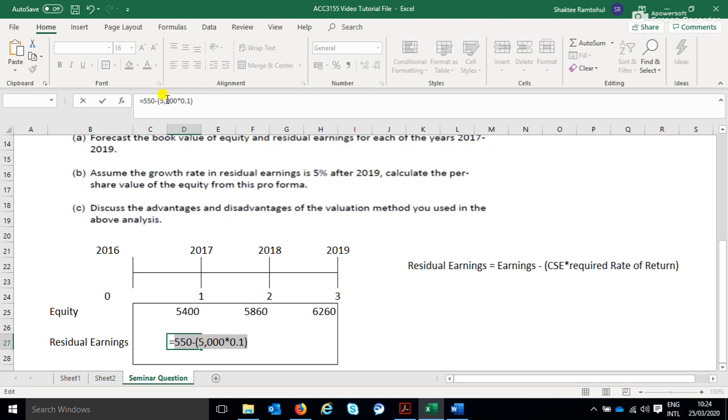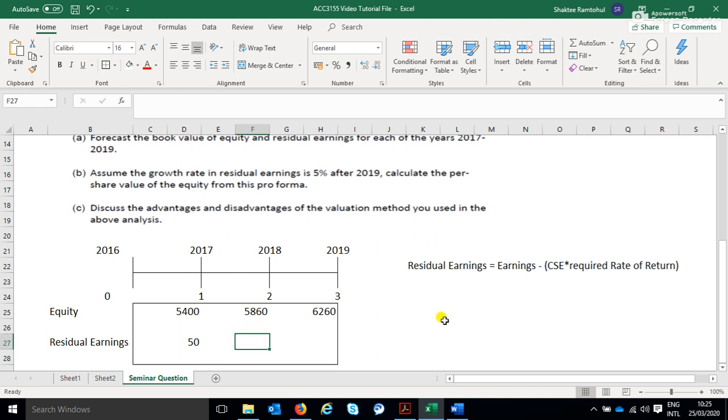So 550, that's the earnings, minus 10% of 5,000. There you go, and the residual earnings amounts to 50 for 2017.